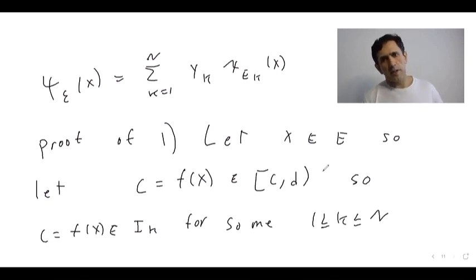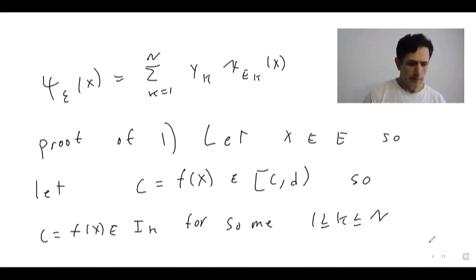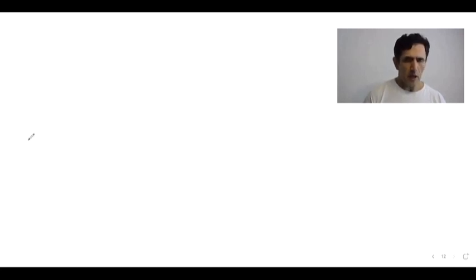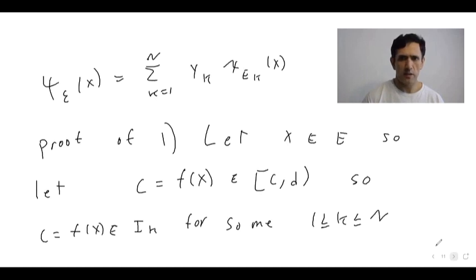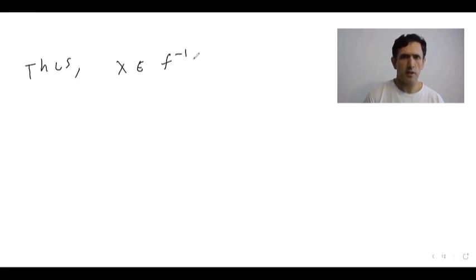Again, the point is that the Iks partition c to d. f of x is in c to d, so f of x is in some Ik. So what does this mean? That means x is in the inverse image of Ik, which is Ek.